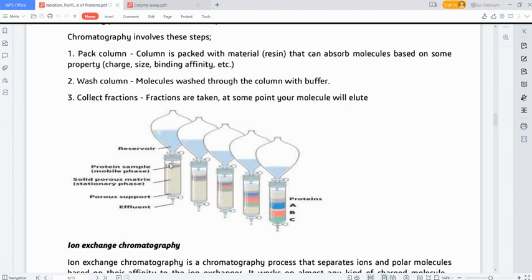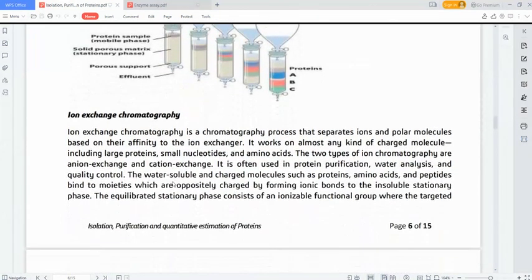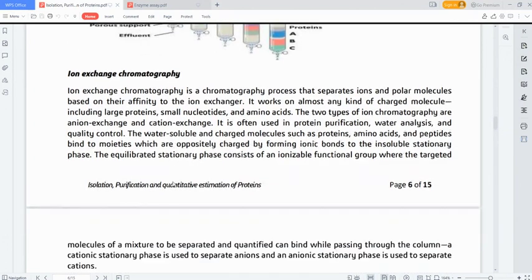When you pour in your crude protein, the proteins, as they pass through the solid phase, begin to separate based on the property of the column. If it is size, they will be separated based on their sizes. If it is ion exchange, they will be separated based on the ions present on the protein. So we look at ion exchange.